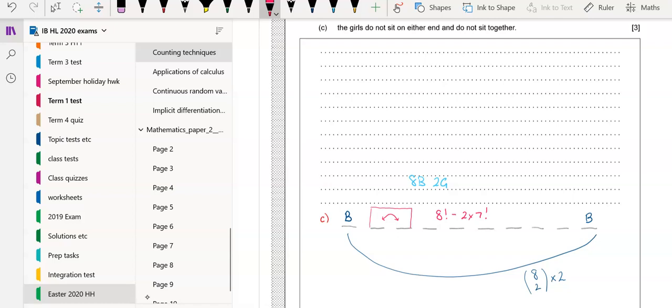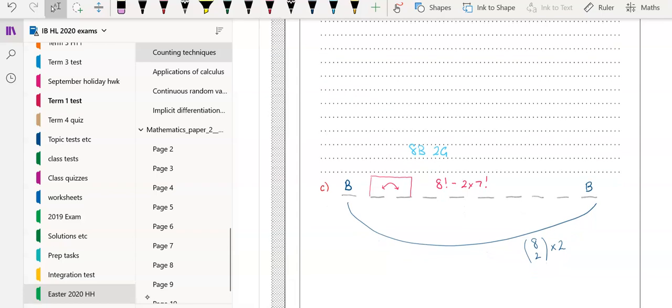So the combination of the 2: we've got 8c2 times 2 ways of putting 2 boys on the ends, and we've got 8 factorial minus 2 times 7 factorial ways of keeping the 2 girls apart in the middle.